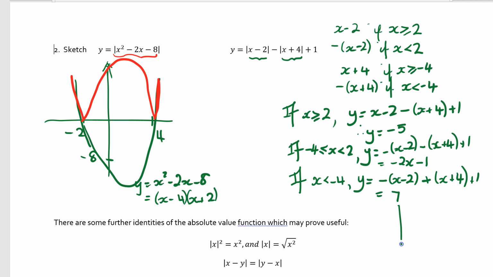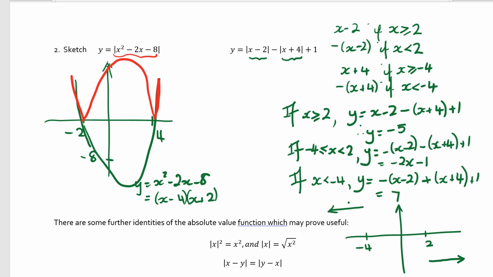So running out of space here, but that will look like this: when x is greater than or equal to 2, so here's 2, then y has to equal minus 5, so down here somewhere, and it just goes on. When x is less than negative 4, so here's negative 4, we want it to equal 7.